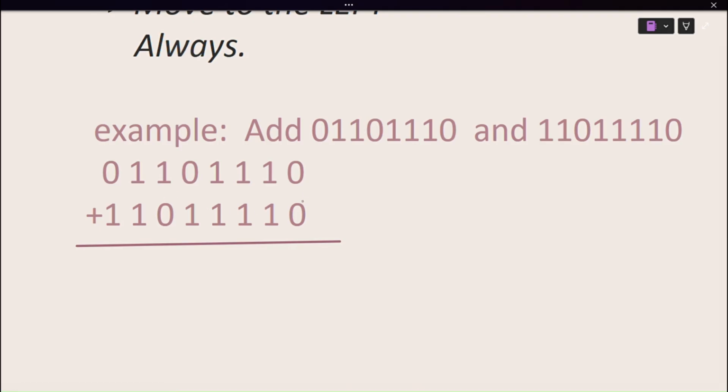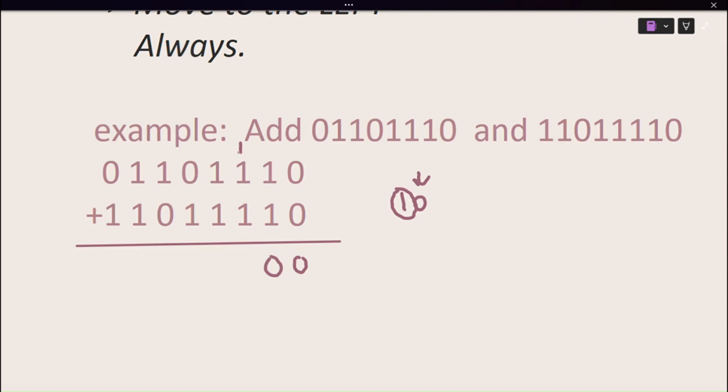So what was 0 plus 0? It was just simply 0. What was 1 plus 1? It was 10, right? However, this 0 is going to go into the sum part, but I am going to carry the 1. So I'm going to write 0 here, and the 1 is going to be carried here.